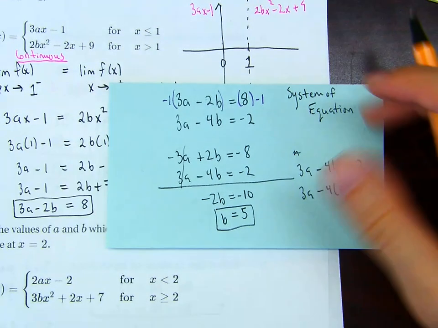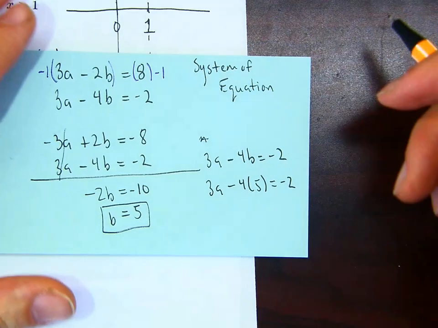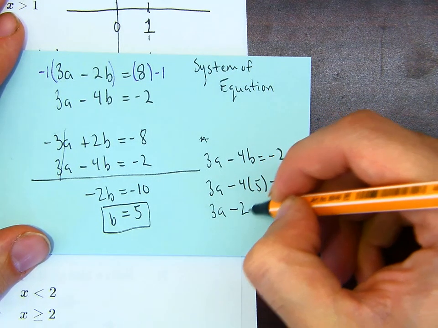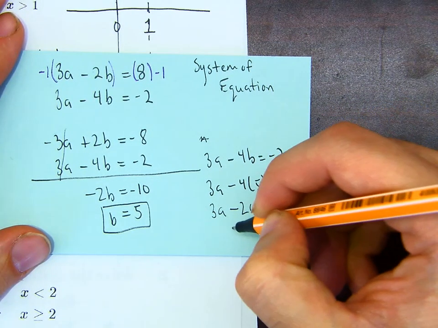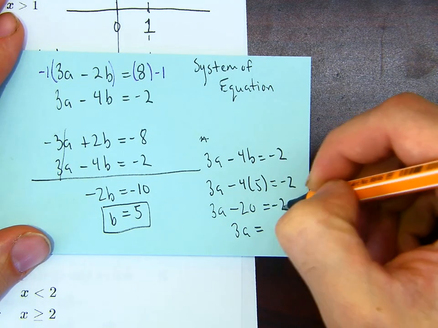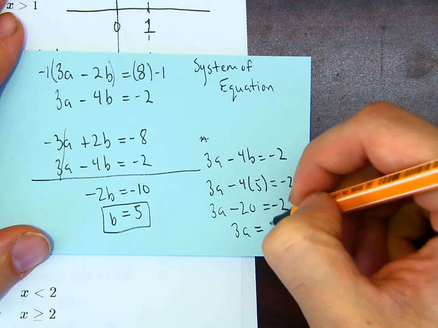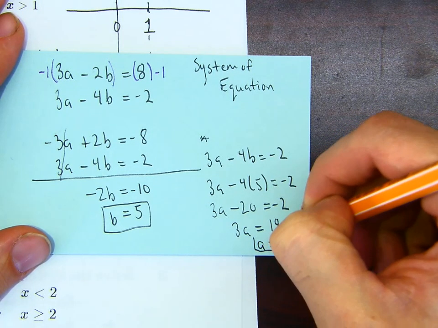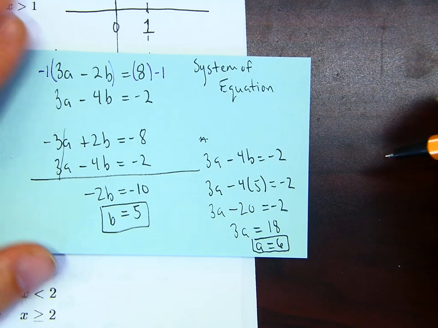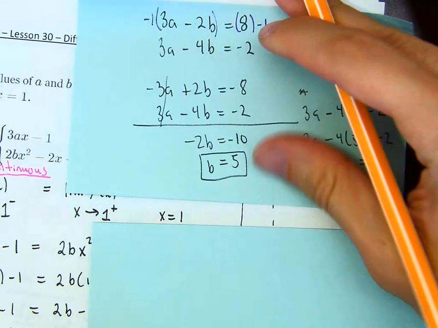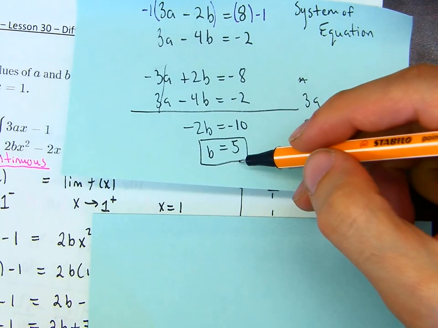So 3a minus 20 equals negative 2. Add 20 on both sides, so 3a equals 18. Divide by 3, a equals 6. Okay? So we know that a is 6 and b is 5.